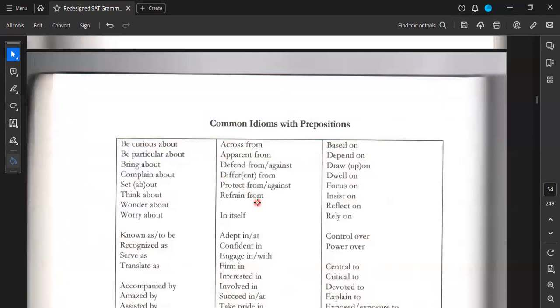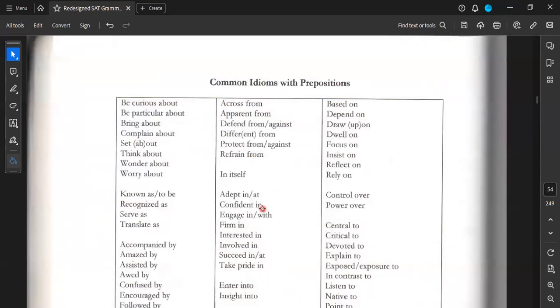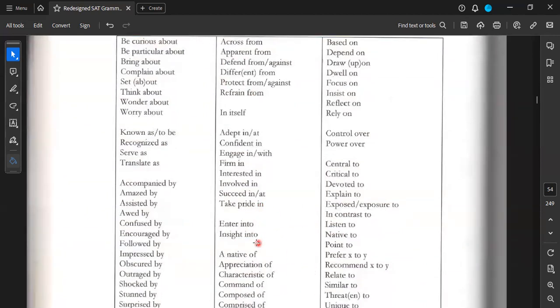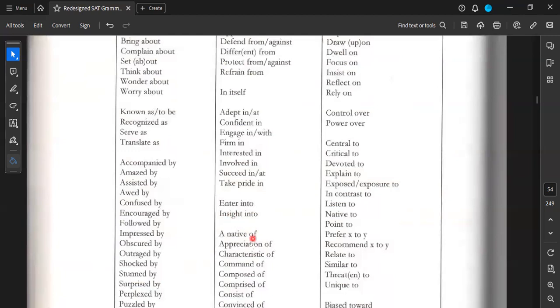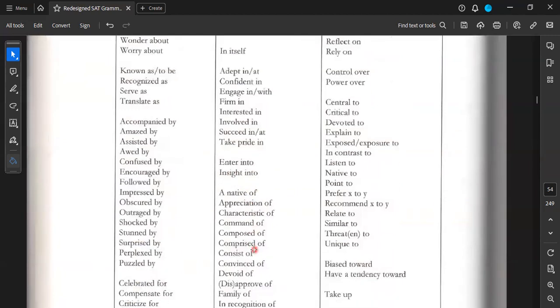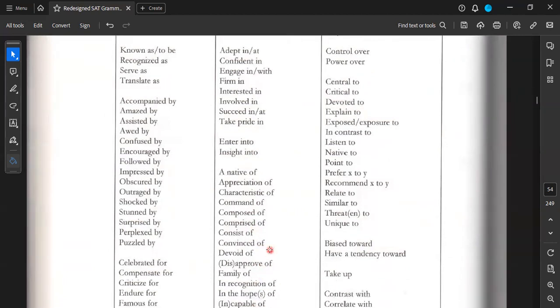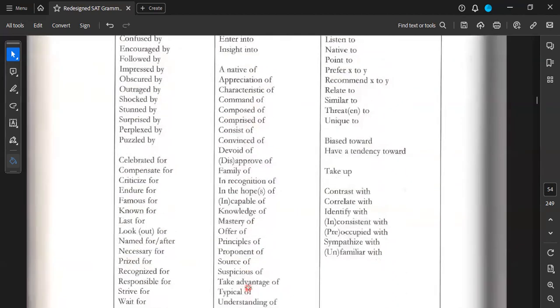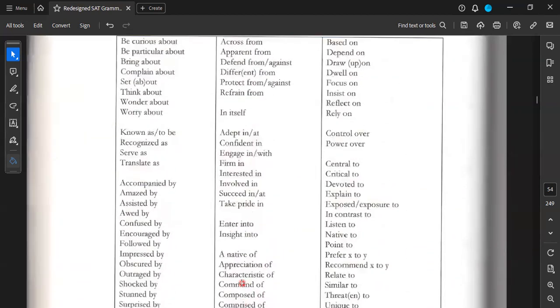Protect from or protect against, refrain from, in itself, adept in a language, adept at language, confident in the way you speak, engage in an activity, engage with someone, for example, firm in, interested in, involved in, succeed in or succeed at, take pride in, enter into, insight into, a native of this country, appreciation of, characteristic of, command of, composed of, comprised of, consist of, devoid of, approve of or disapprove of, family of, in recognition of, in the hopes of, incapable of. Wow, this is exhausting. You get the point, though.